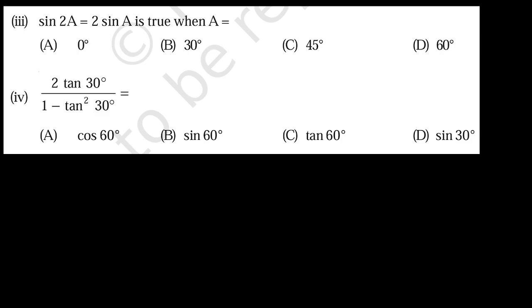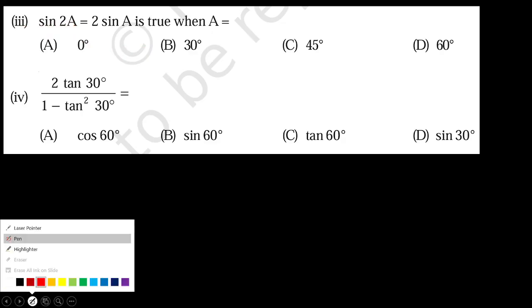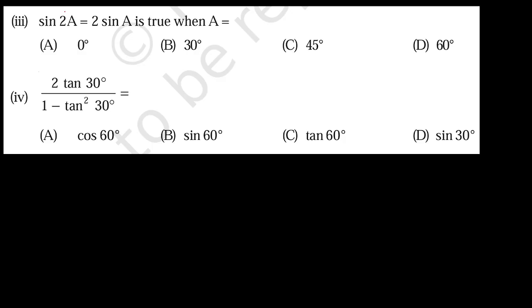Look at this question. Please remove your raised hand. The third question is sine of 2a, which means that 2a is inside the sine. Understood? Sine of angle 2a equal to 2 sine a is true when a equals what?